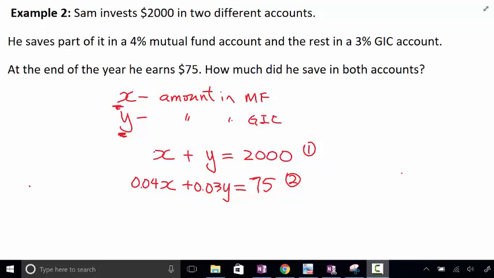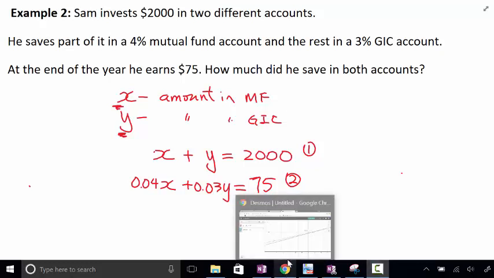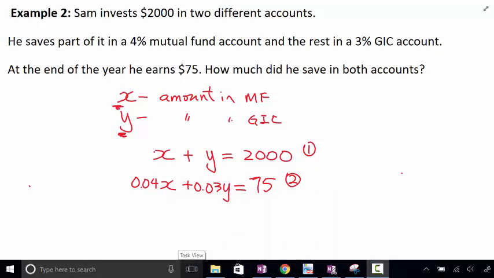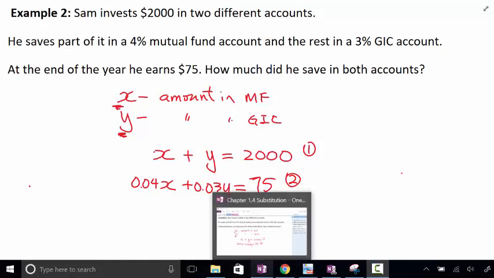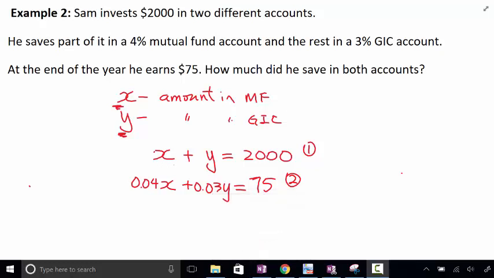Now, which one looks easy to find? Is it easy to find the value of y or the value of x? Doesn't matter. Okay, because look here, the value of this x will be very easy to find. The value of this y will be very easy to find as well. So it doesn't matter in this case. I will find the value of x though, since someone said x.